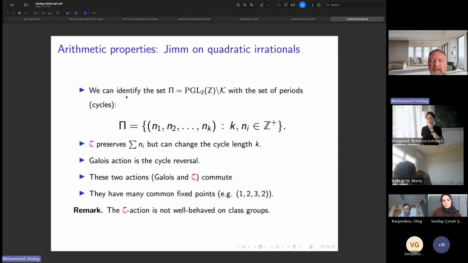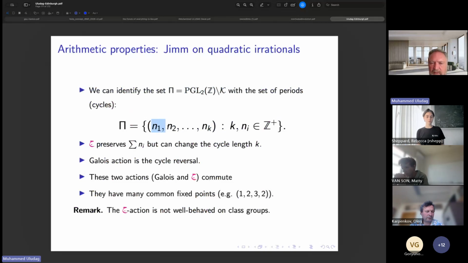In fact, we can identify this set PGL2Z dividing K, the set pi, with the set of cycles or periods, N1, N2, etc. And Jimm, as we have just seen, acts on this set by preserving the cycle length. I mean, by cycle length, I mean the sum of all these numbers.